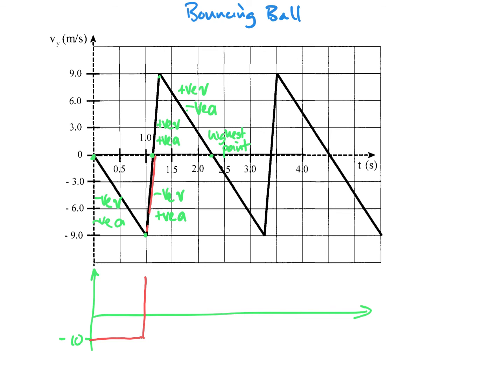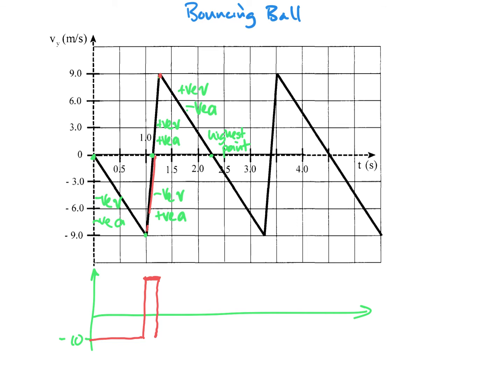So I don't know its exact value, but I do know that it's a larger value. So if I'm doing a sketch graph, I can show the acceleration at some positive value as long as it's greater. And then once again we get this kind of instantaneous change as the ball leaves the ground and it goes back to our -9.8.